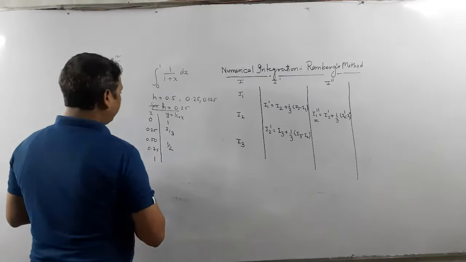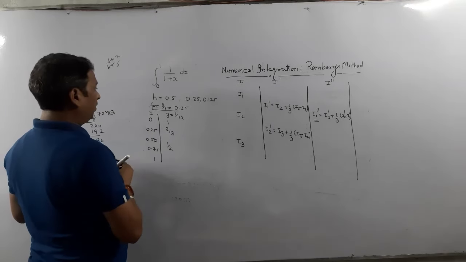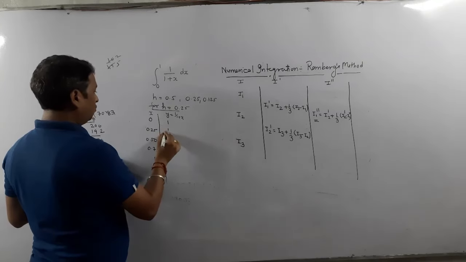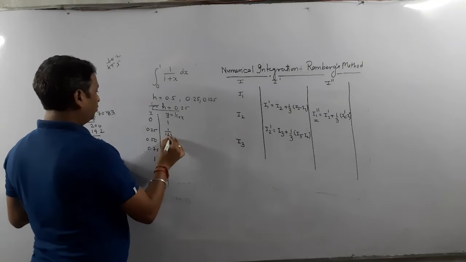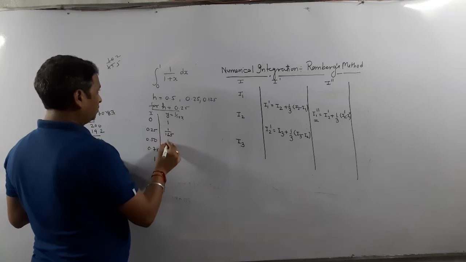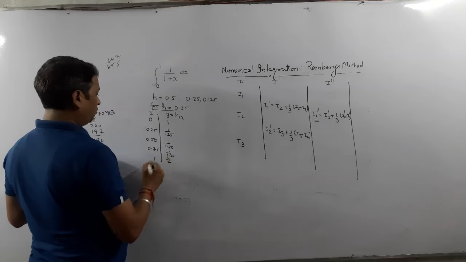The corresponding y values are 1 at 0, 1 upon 1.25 at 0.25, and so on.